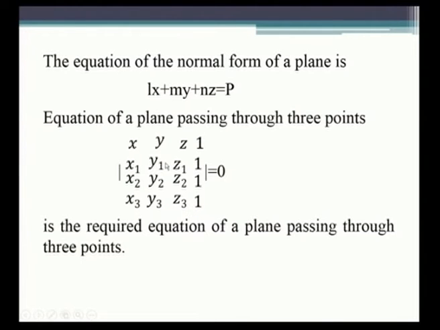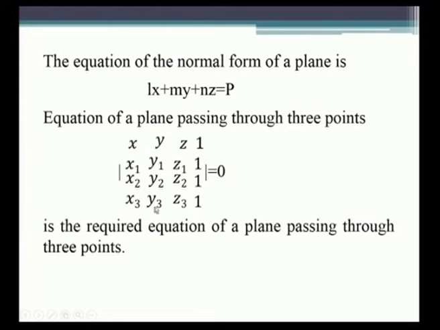The equation of a plane passing through 3 points is given by the determinant form. In that determinant form, the first row has x, y, z and 1. Second row has x1, y1, z1, 1. Then the third row is x2, y2, z2, 1.